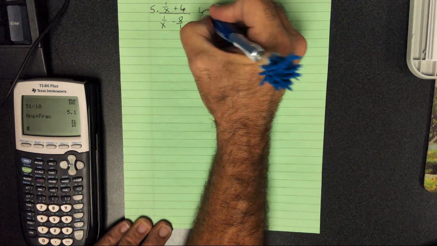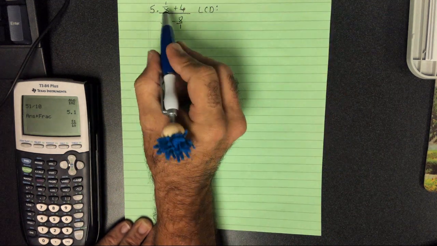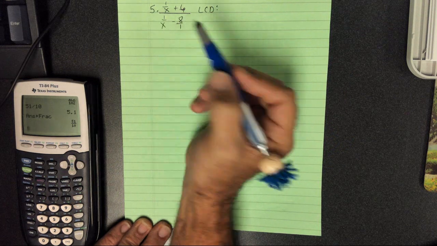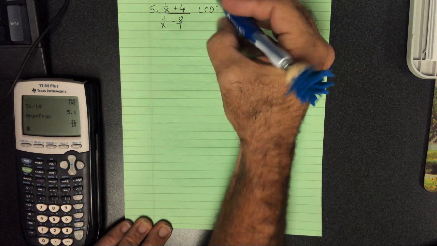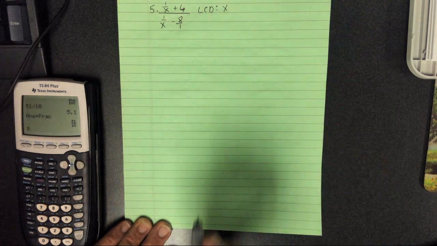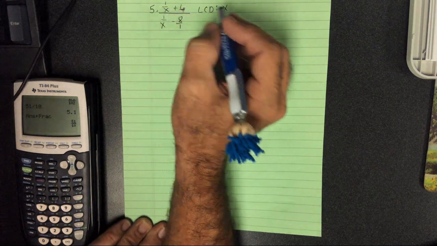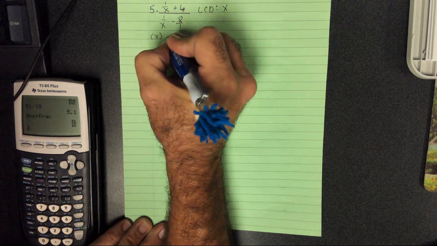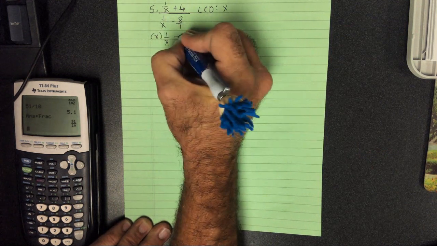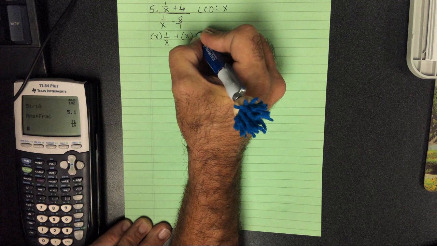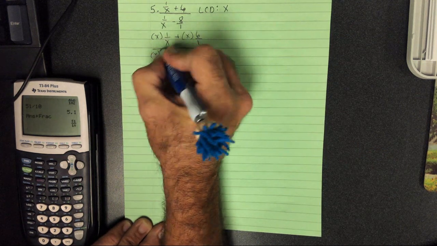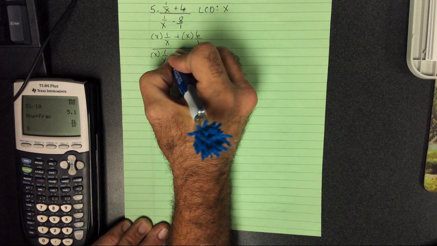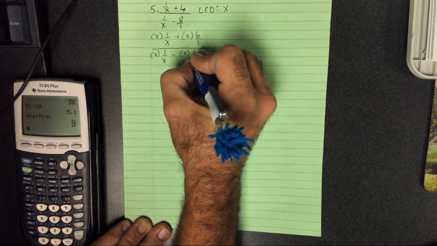I'm going to find the least common denominator between an x, a 1, and an x. So the only thing on the bottom that really needs fixing is the LCD of the x. But remember, I have to multiply all 4 of them by the x. So x times 1 over x plus x times 6 over 1. Then I'll have my x times 1 over x minus my x times 8 over 1.